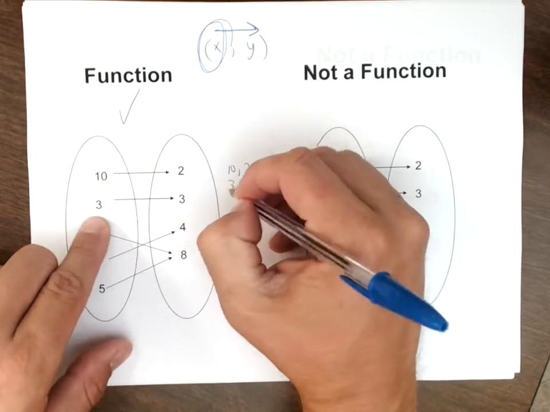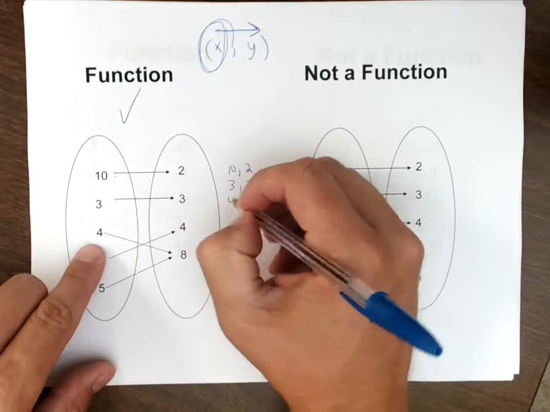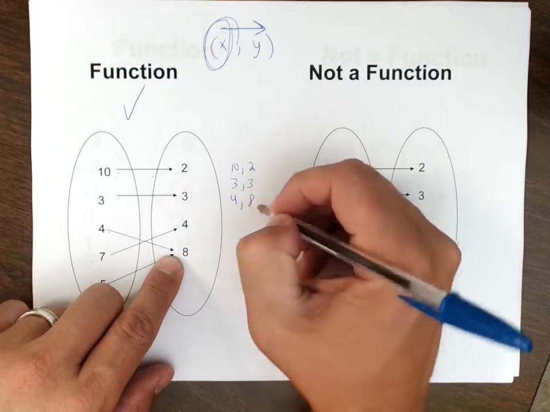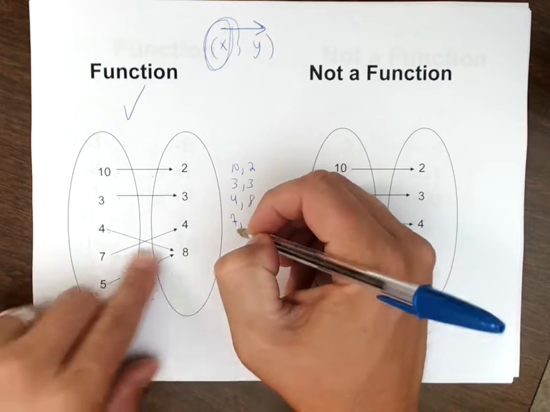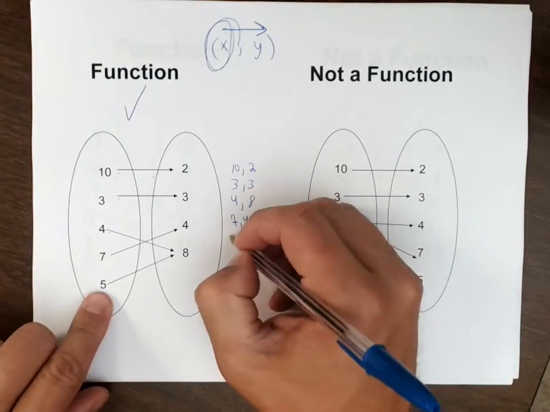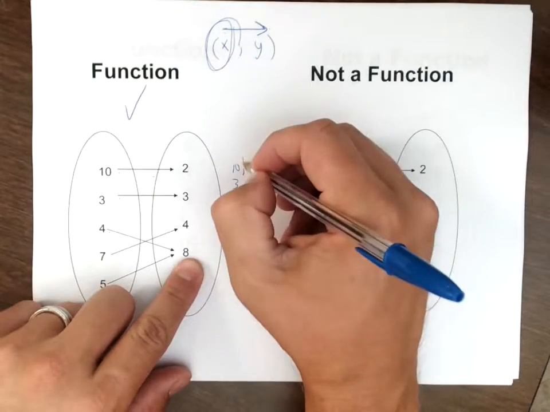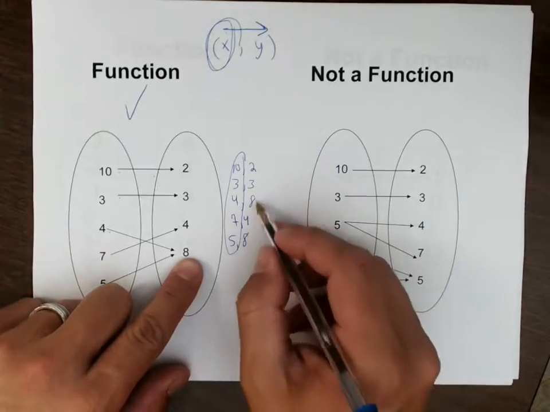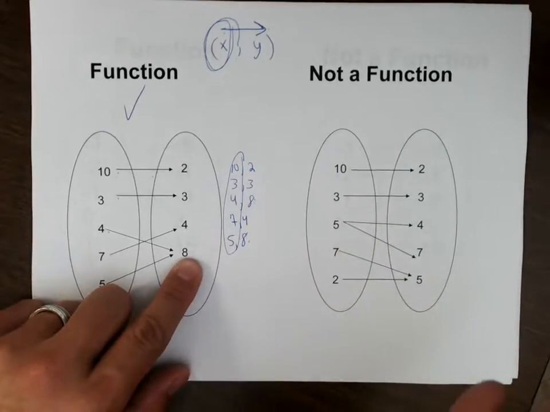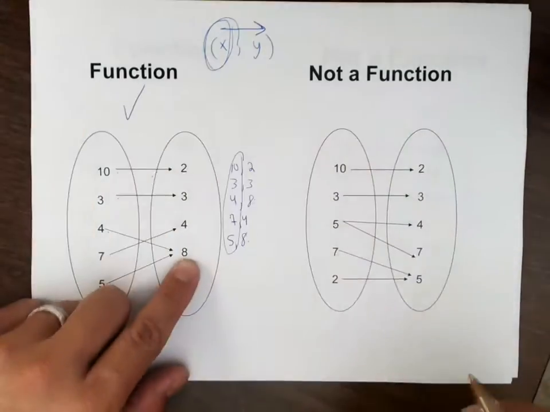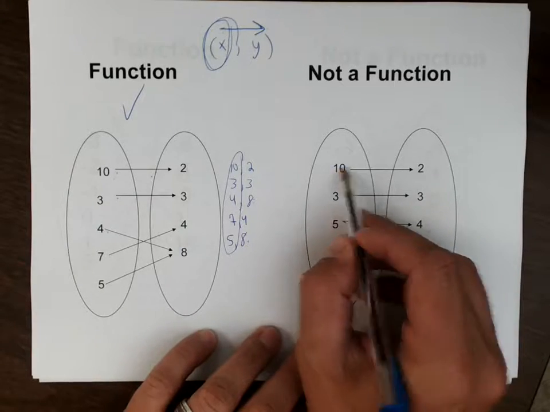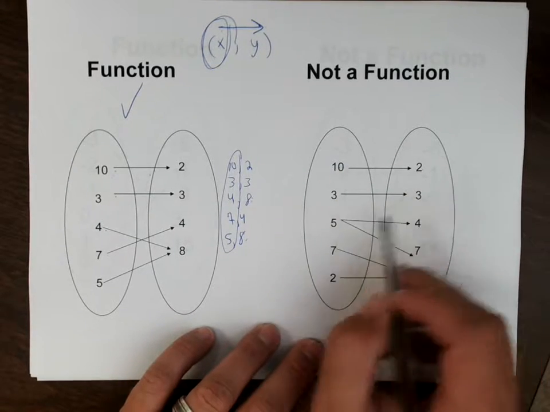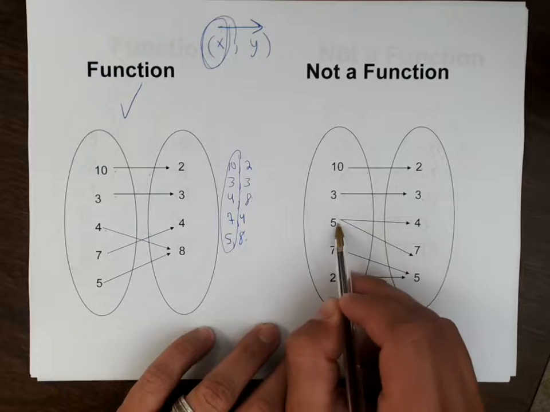This represents 3, comma 3. 4, comma 8, 7, comma 4, 5, comma 8. And once again, look at your x's. None of your x's got repeated. Now my y's got repeated, but once again, we don't care about y. Just look at the x's. Over here, 10, comma 2, 3, comma 3, 5, comma 4, 5, comma 7.